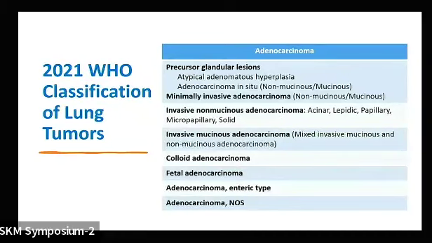Also, how has the WHO classified these tumors? The first one is, of course, the list of adenocarcinomas. The precursor glandular lesions such as atypical adenomatous hyperplasia and AIS have been included in this classification of adenocarcinomas, along with the various subtypes of the tumors themselves.